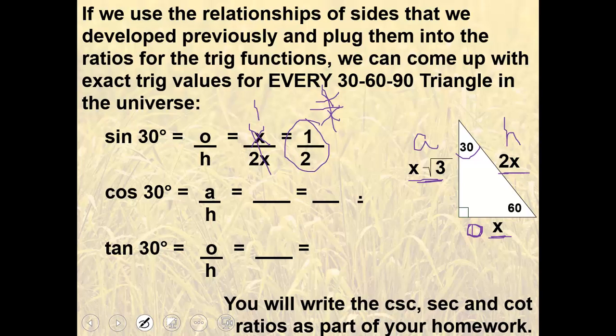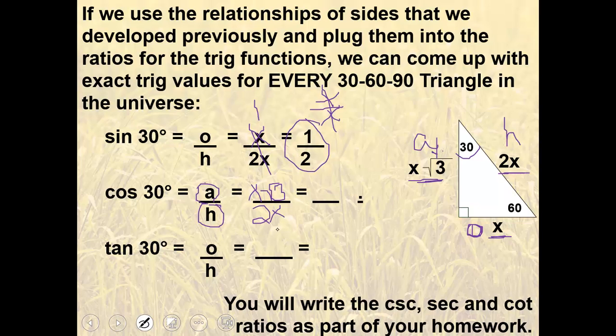Okay? Now let's plug in for cosine. Well, cosine is the adjacent over the hypotenuse. What is my adjacent? I have x times the square root of 3. What is my hypotenuse? 2x.